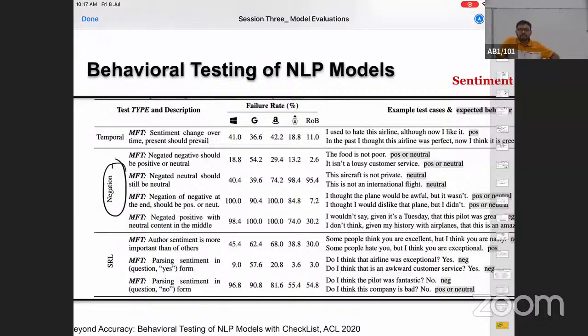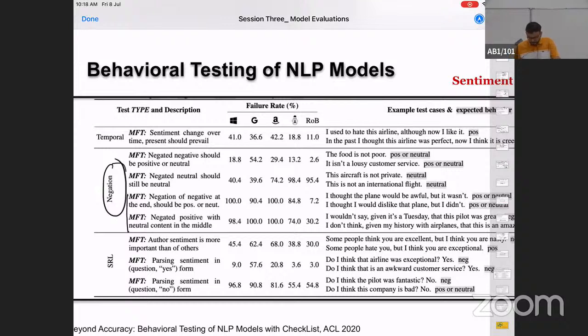The idea is simple. If you have negation words like no, don't, isn't, and so on in your sentence, then the model should be able to understand that this sentence has these negations, right? And if it is not able to understand it, that is a problem. Let us see these two interesting cases.